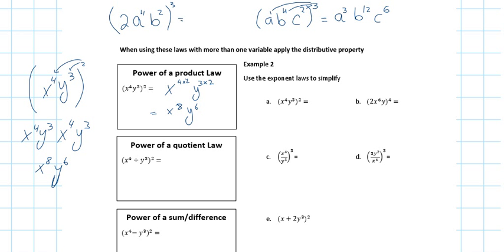Why is it 8? Because it's 2 times 2 times 2. What's the power on that 2? So this is part of your bracket, isn't it? Right? You can't leave it out. You cannot ignore it. So this right here is also going to get that power of 3. So that's going to be 3 times 1 is 3. So that's going to be 2 to the power of 3.